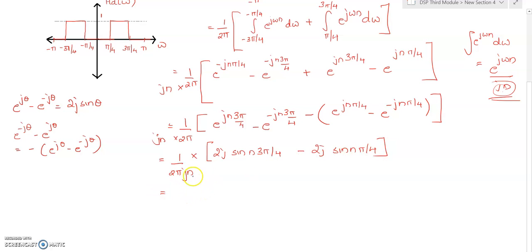So we can cancel this 2j term, so it can be written as sine n 3 pi by 4 minus sine n pi by 4 whole divided by pi n. So this is the general equation of HD of n for this bandpass filter.